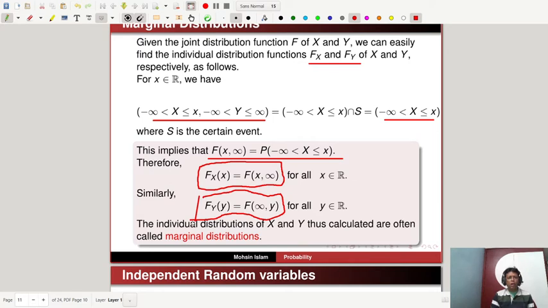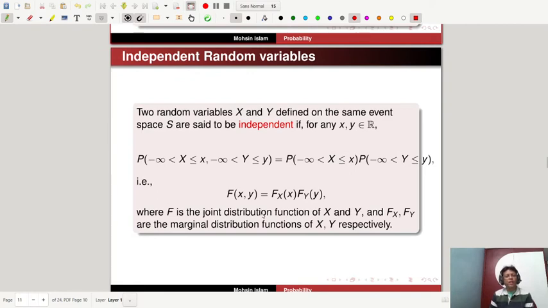So you have a new concept for a two-dimensional distribution function: the joint distribution function, the marginal distribution for x and the marginal distribution for y, that is, the individual distributions of x and y.